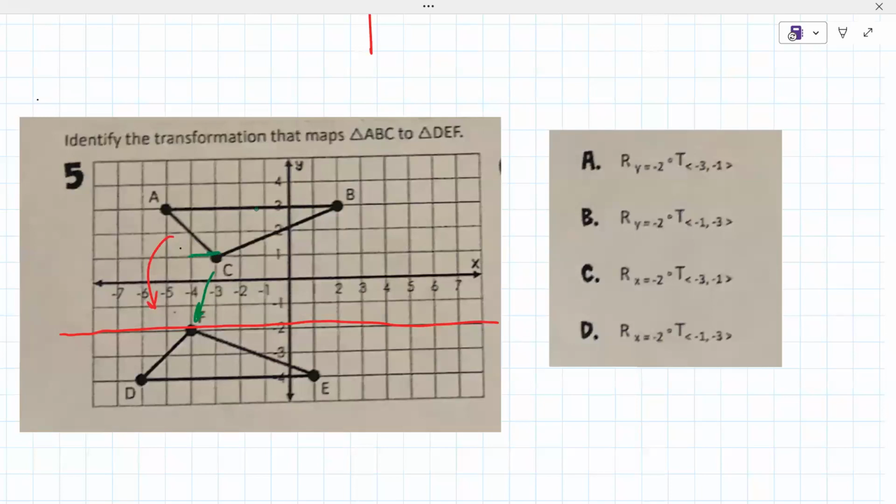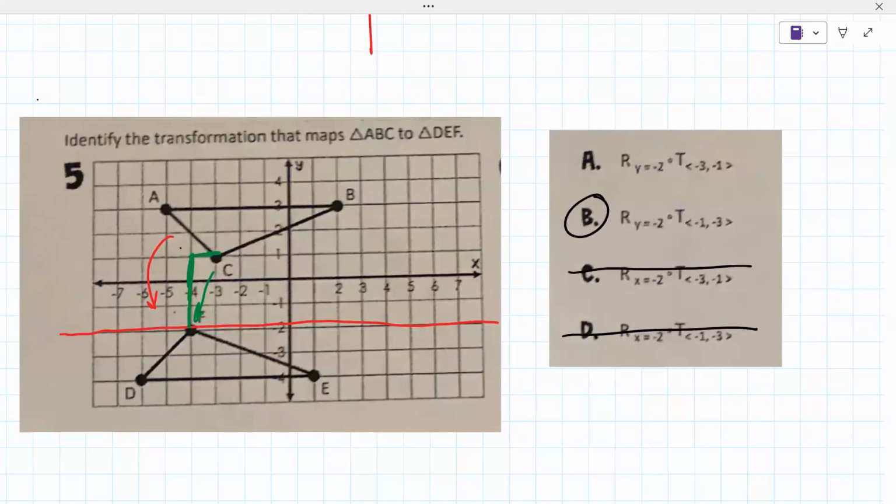So that's left one and then down three. Yeah. Do any of A or B say that? Yes. B. It is B.